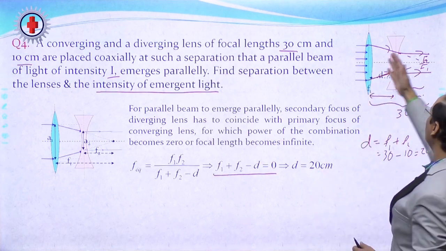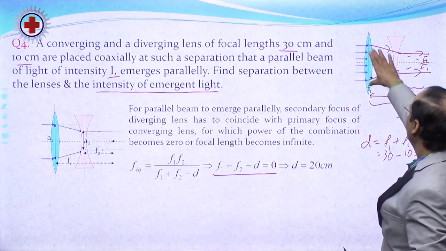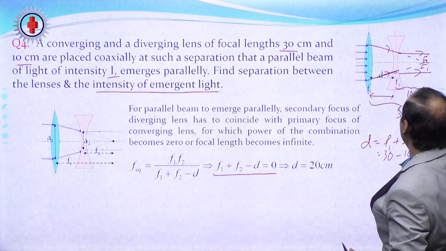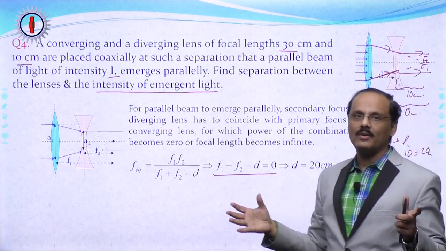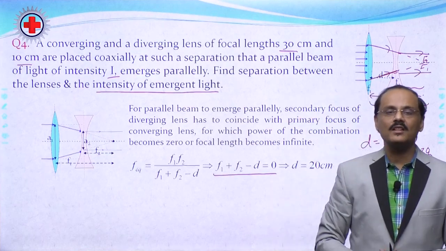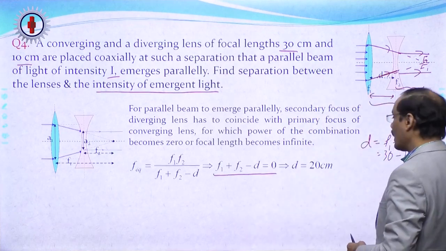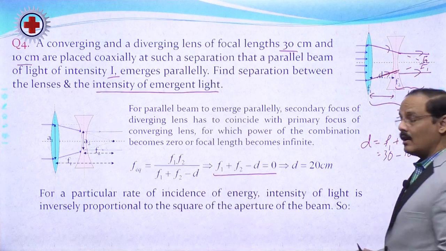So, if we consider equal amount of energy is passing through both the lenses, this energy is falling on a larger area, and when it is coming out, it is coming through a smaller area. If same amount of energy passes through a smaller area, the flux density becomes higher, or intensity becomes higher. And how does this intensity get changed? Let us see.